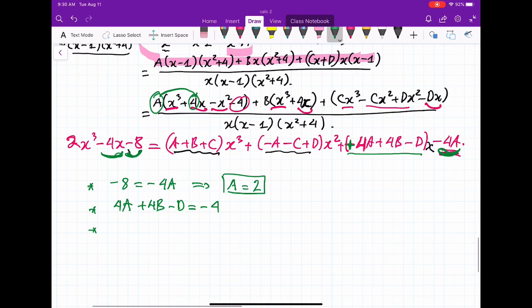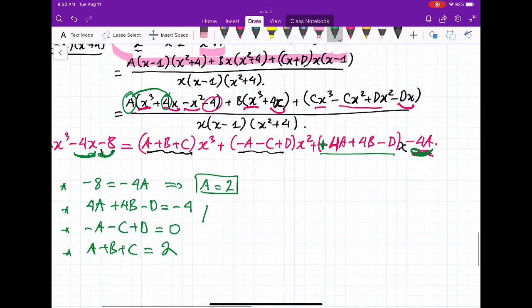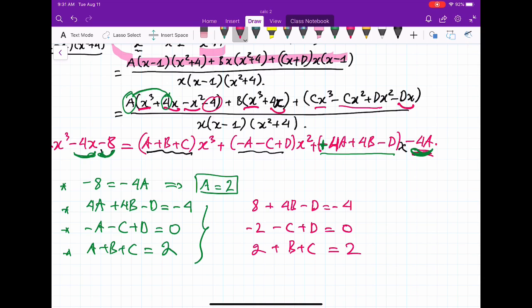Okay, and then we move to the x squared. We have negative a minus c plus d equal to 0. And you have a plus b plus c equal to 2. I plug a equal to 2 into the last three equations. I have 8 plus 4b minus d equal to negative 4, negative 2 minus c plus d equal to 0, and then 2 plus b plus c equal to 2.